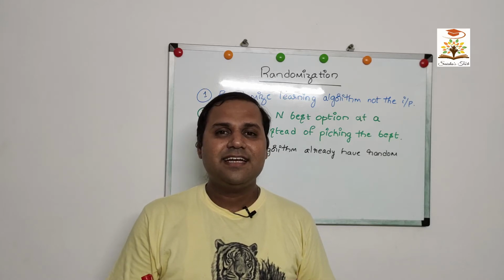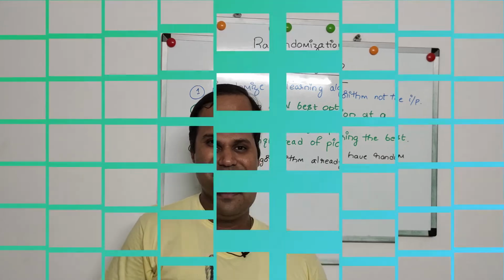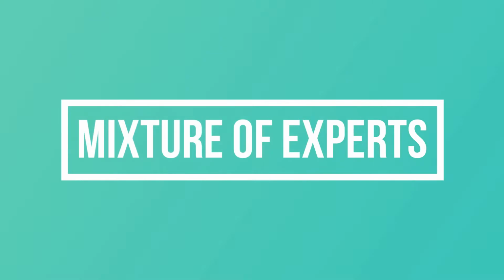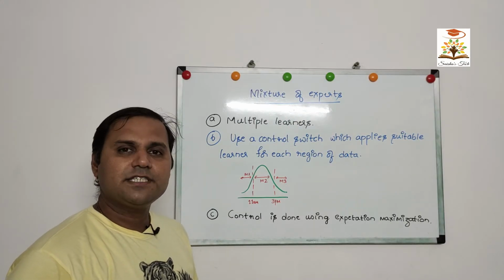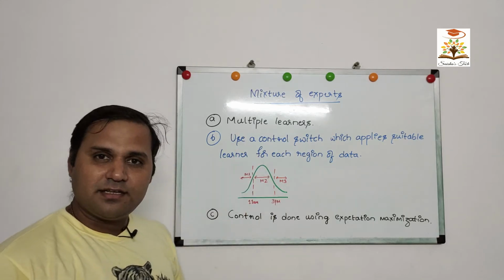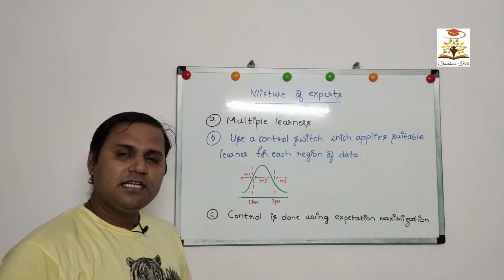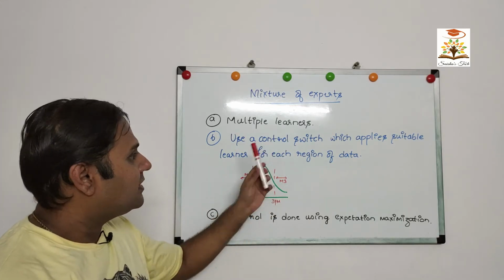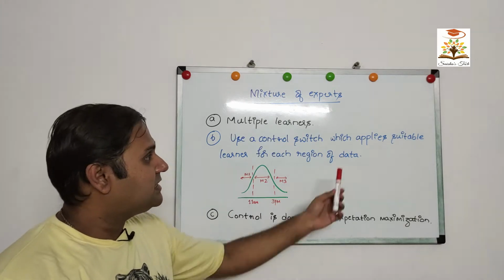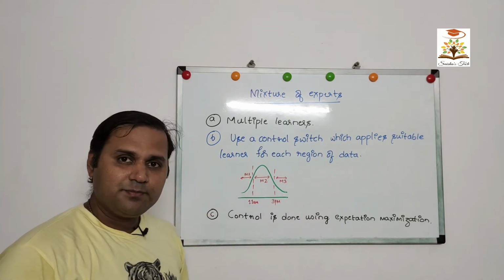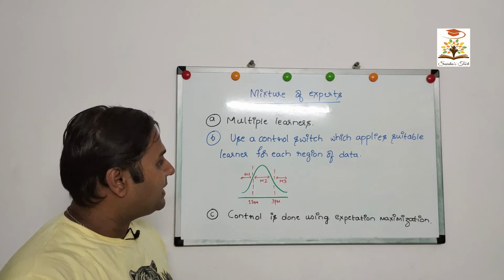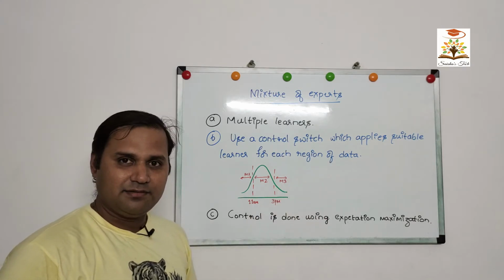Now let us understand mixture of experts. Mixture of experts uses multiple learners. With these multiple learners, it has a control switch which is applied to select the suitable learner for every specific region of the data.